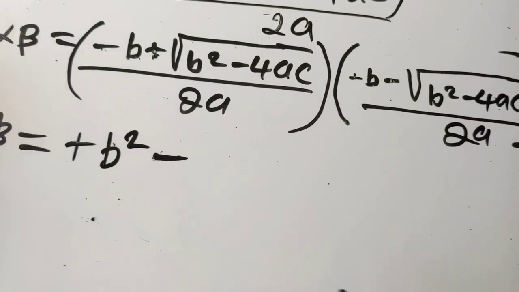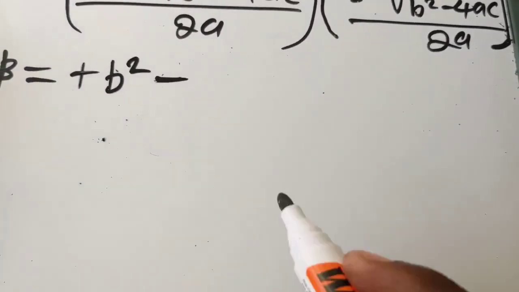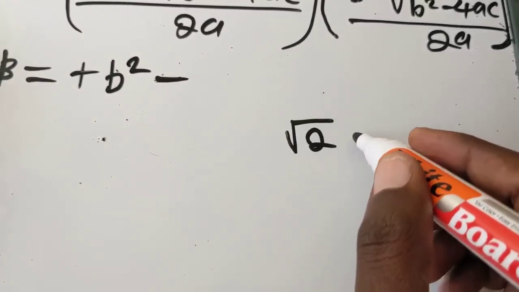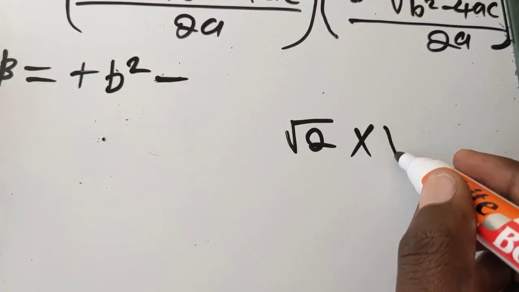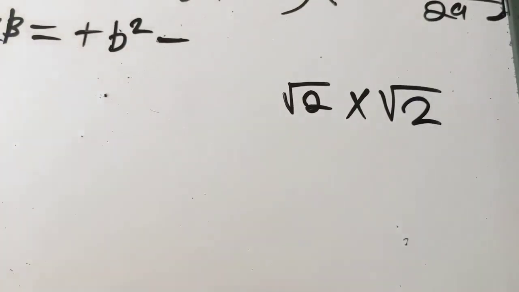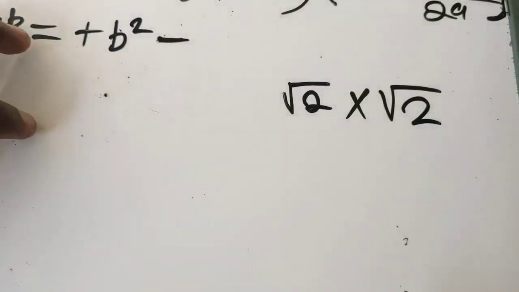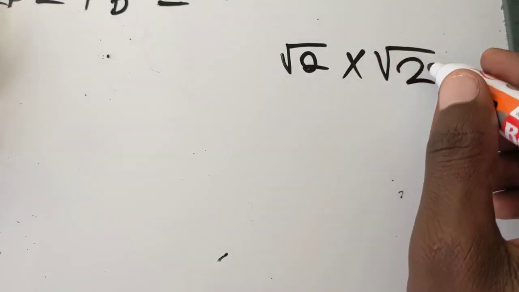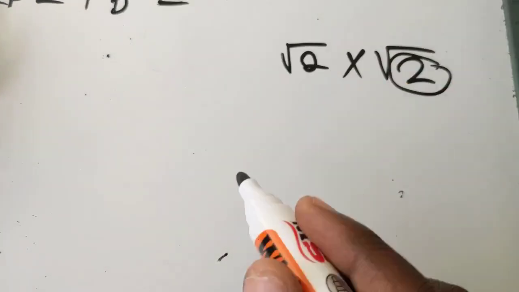Take, for example, the square root of 2 multiplied by the square root of 2. When you are multiplying the square root of the same number, I want you to get this: the answer is the one that is inside.